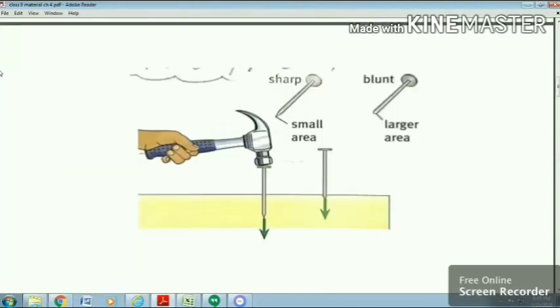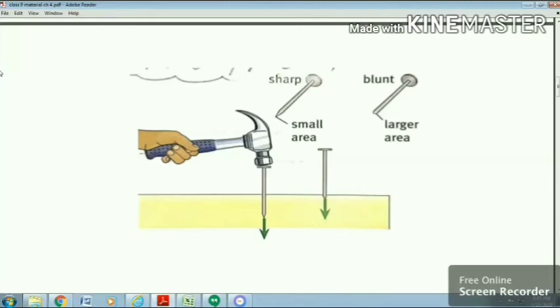Now we'll discuss about the ways to increase the pressure. For that, the very simple way is to reduce the area of contact, because pressure is inversely proportional to area of contact. Pressure is equal to force by area. So if we want to increase pressure, we have to reduce the area of contact.